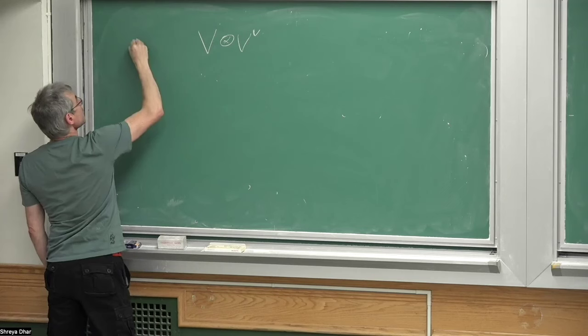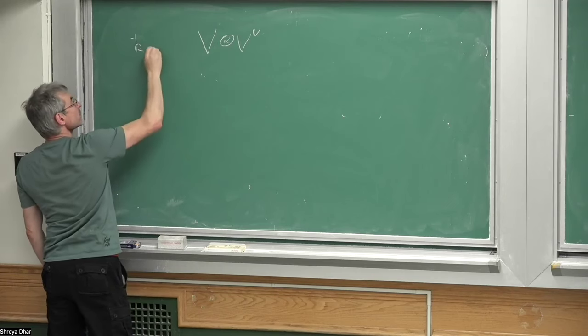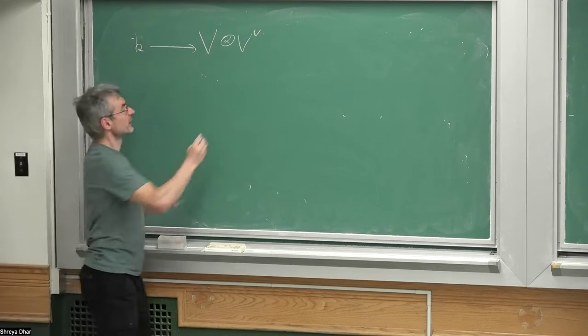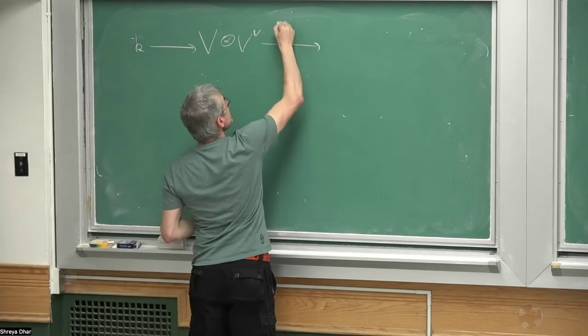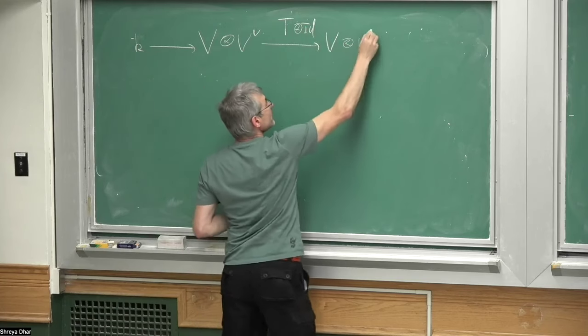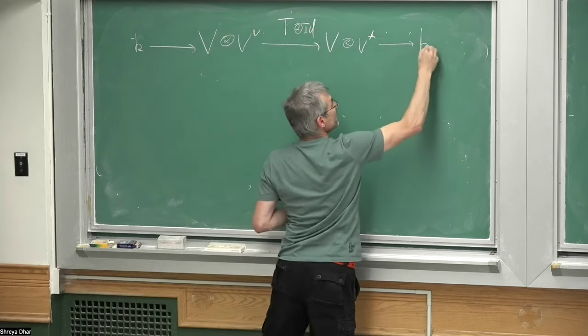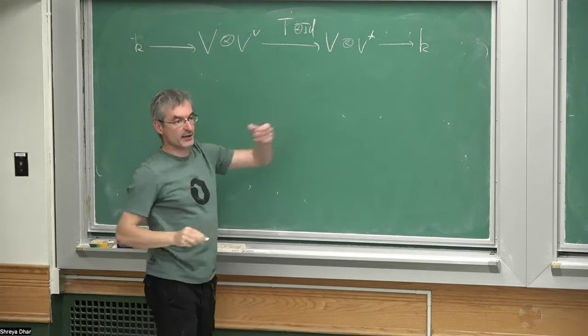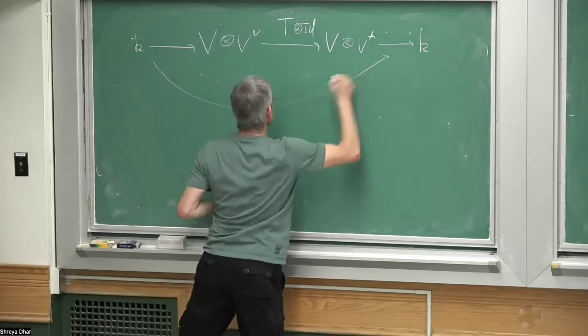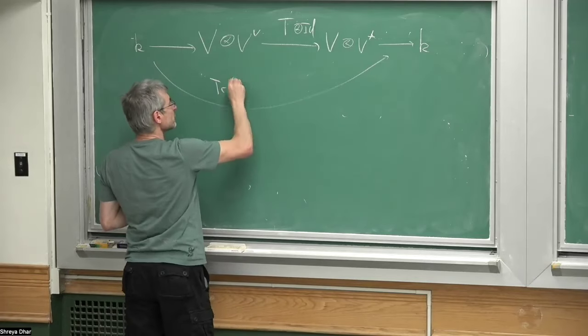The dual means that there is a unit map from your ground field K. Let's say your operator is T. You apply T times identity, you go to V tensor V star, and then you apply the evaluation map. So this is a linear map from K to K, i.e. a scalar. And that scalar is the trace of T on V.